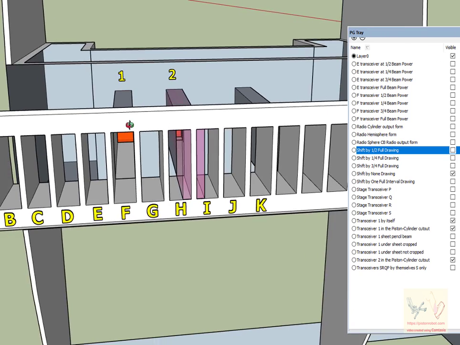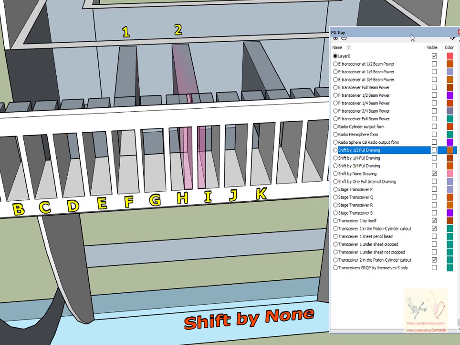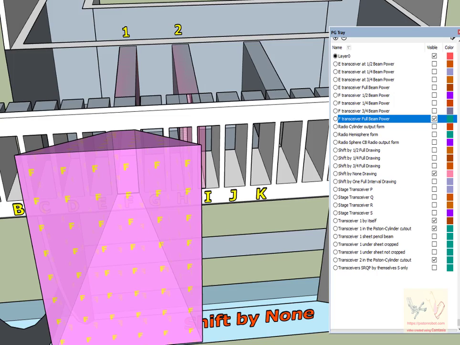And so we've decided that to demonstrate that, we'll go over here and look at this output. It's piston 1 transceiver coming out through cylinder wall F, and so it's going to be coming out at full power.